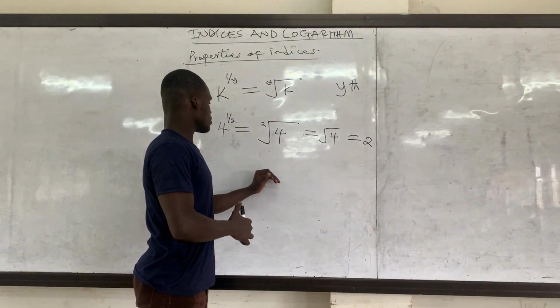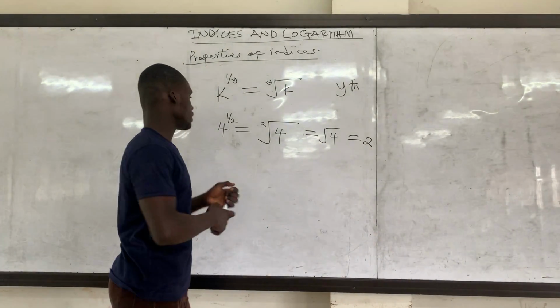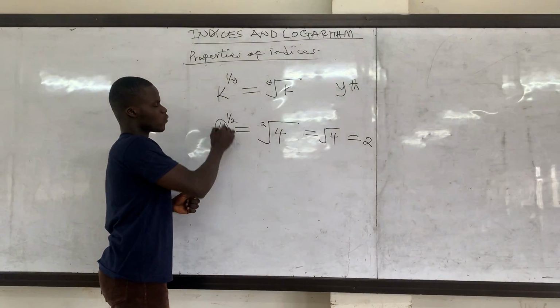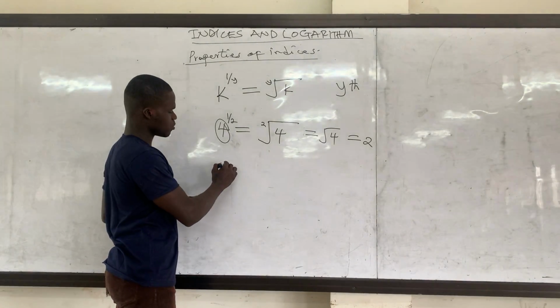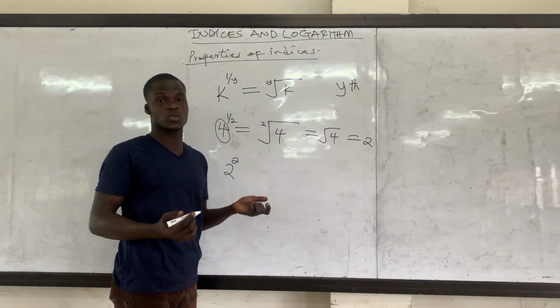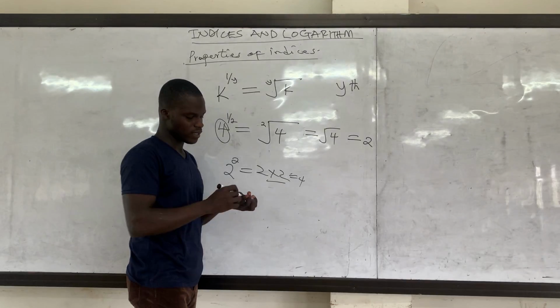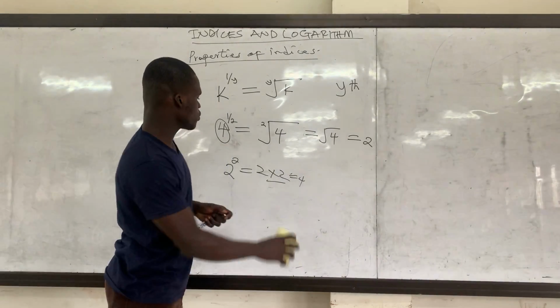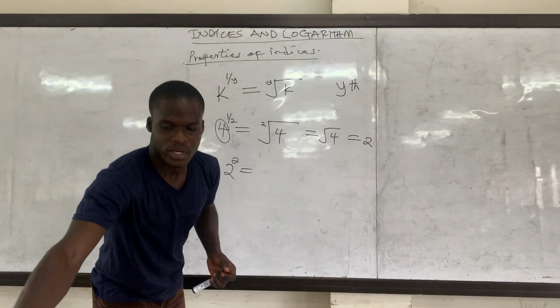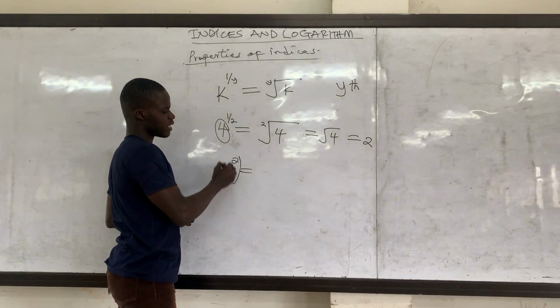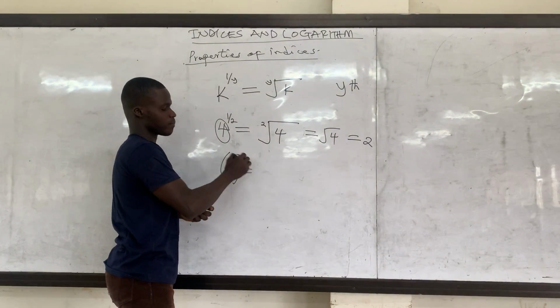Another way we could have easily solved this to get the 2 is to raise 4 to base 2. That's going to be 2 exponent 2, because 2 exponent 2 means 2 times 2, and 2 times 2 is equal to 4, right? So we raise 4 to base 2, and after that, we subject it to the exponent we have here.